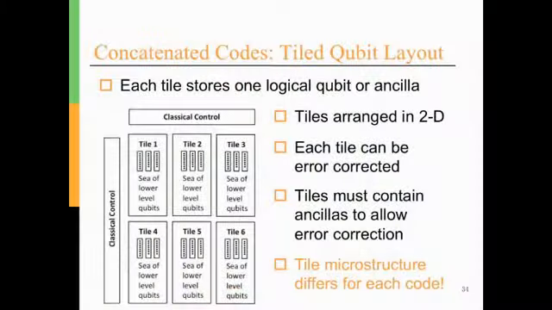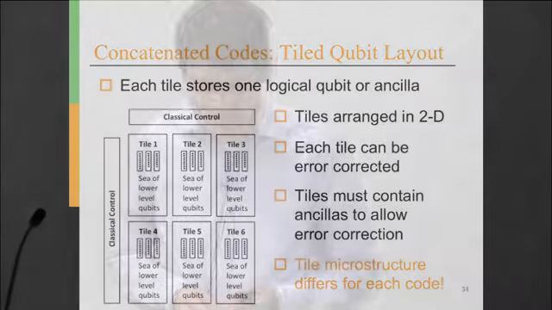For the actual analysis of the error correcting codes, what is the overhead? So far we only saw numbers with logical qubits and logical operations. What is the number of physical operations we need to do? We looked separately at the 3 concatenated codes and at the surface code. For both code families, we assumed a tiled layout.